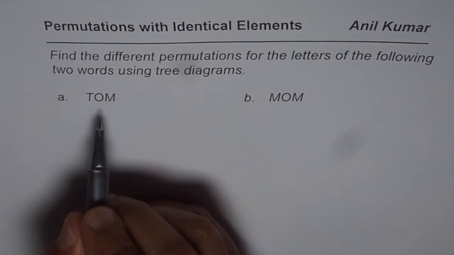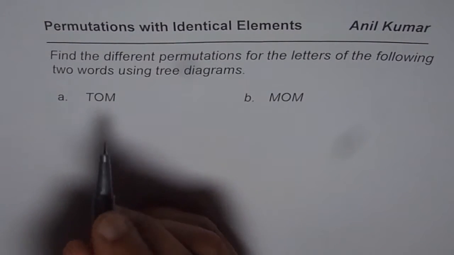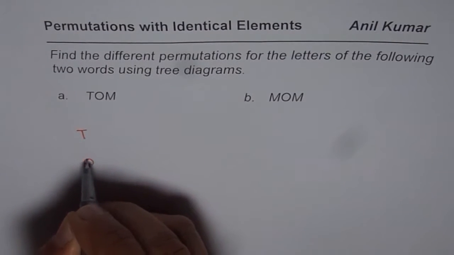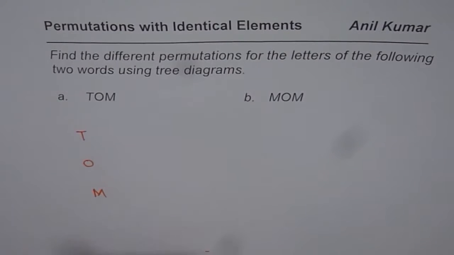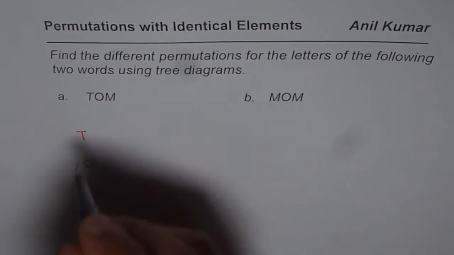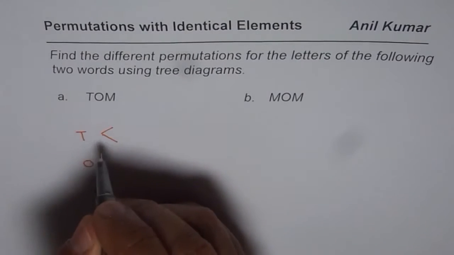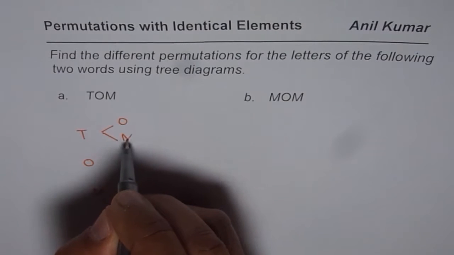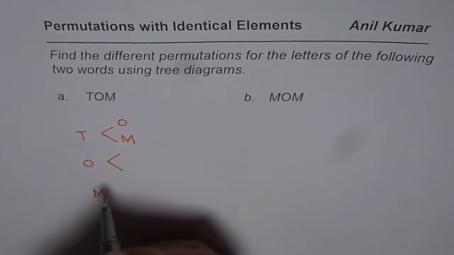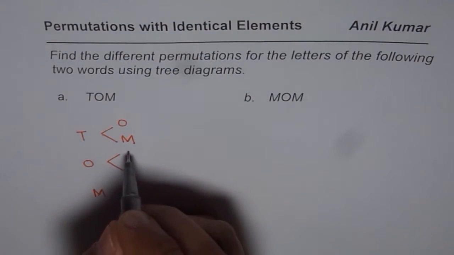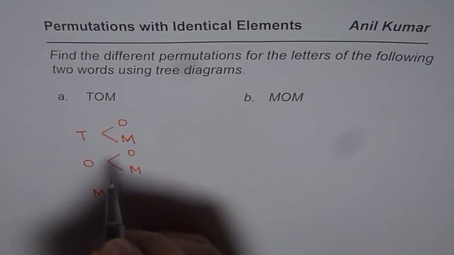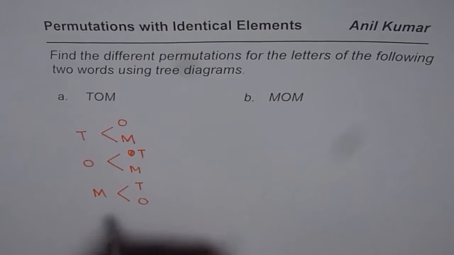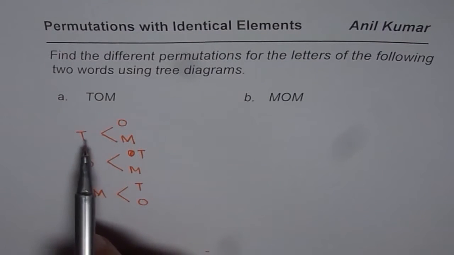So let's make a tree diagram. Let's start with TOM. You could either begin with letter T, or you could begin with O or M, right? So these are three starting positions. If you start with T, you can have the letter O or M. Same is the case when you start with O: you could have T or M, and for the third case, T or O. So you get a word with two letters.